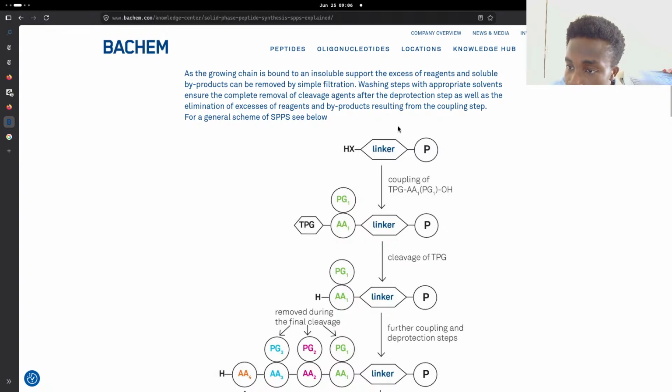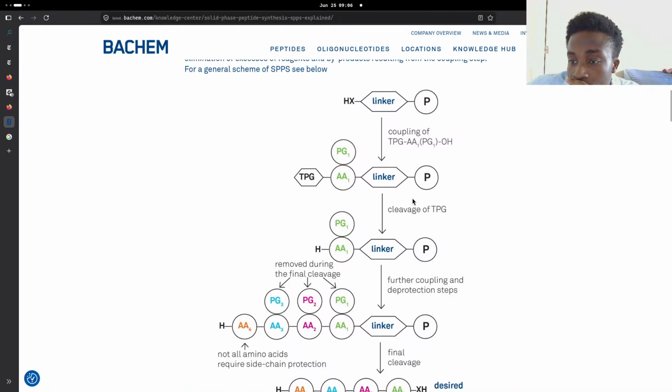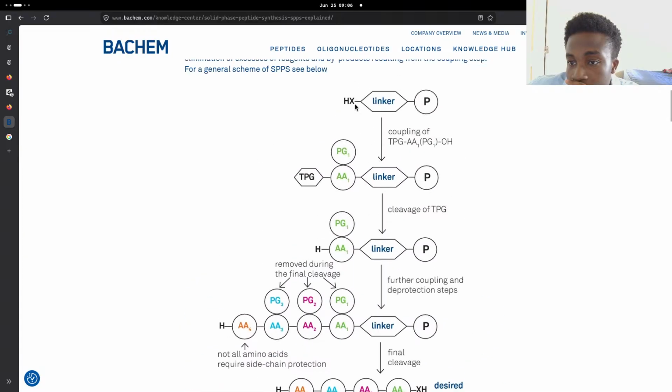So basically, let's assume this is your resin structure, right? This is the binding site where the first amino acid will get attached. Let's make that assumption. So here, this is going to be connected by a carboxylate, I think.